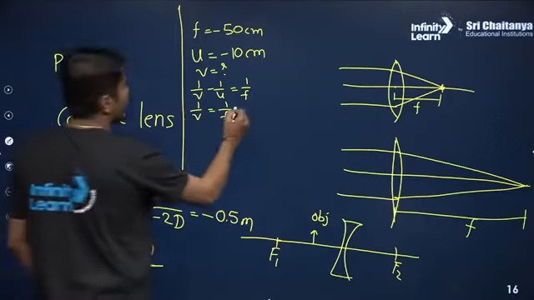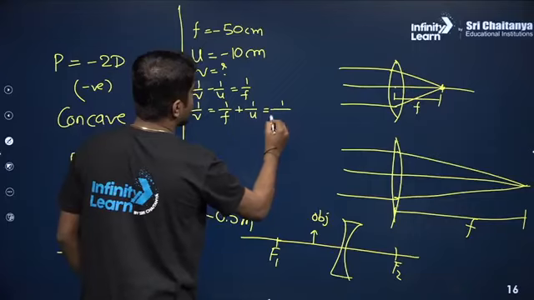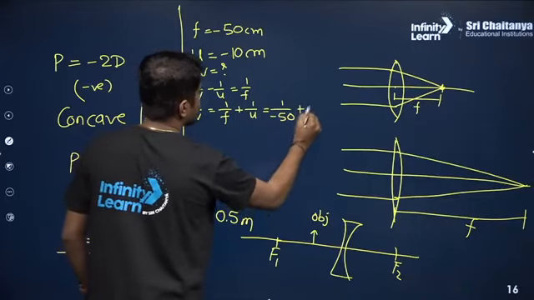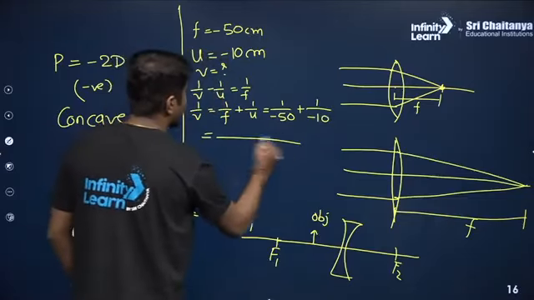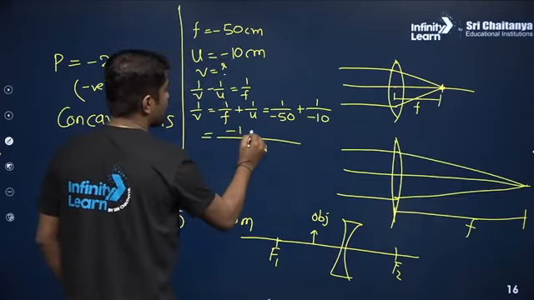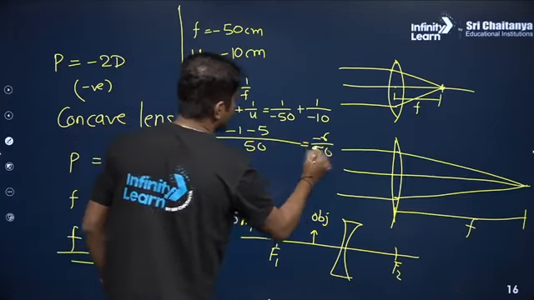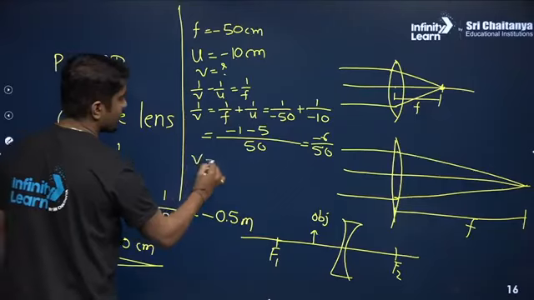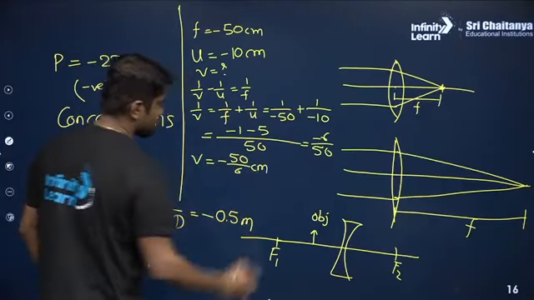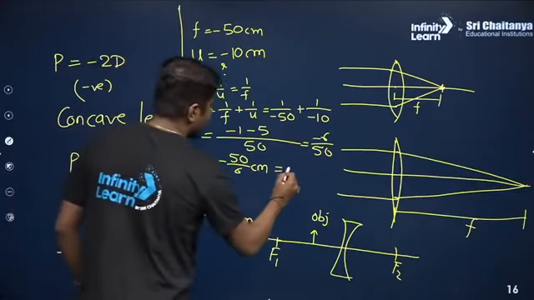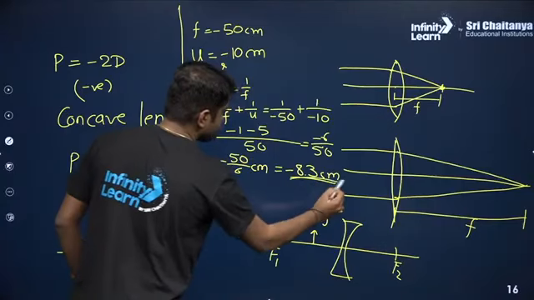So let's solve this. 1 by V is 1 by F plus 1 by U. So what is 1 by F? 1 by -50 plus what is 1 by U? U is -10. So LCM is 50. There is -1 minus 5, which is -6 by 50. So there is 1 by V. So what is V? V is -50 by 6. This would be in centimeters. So this will come out to be -8.3 centimeters. Okay.